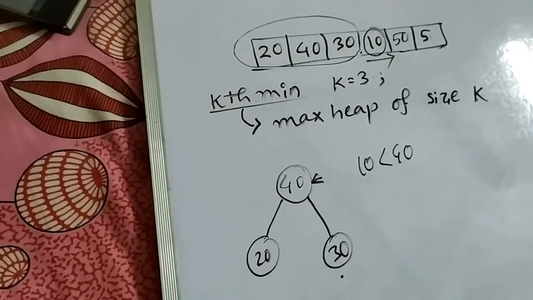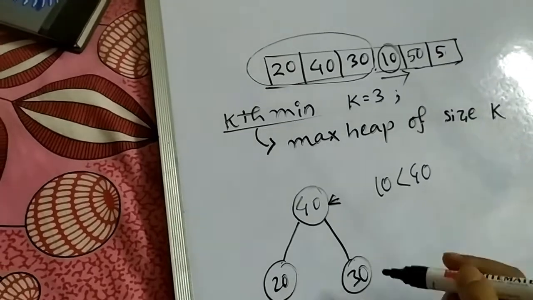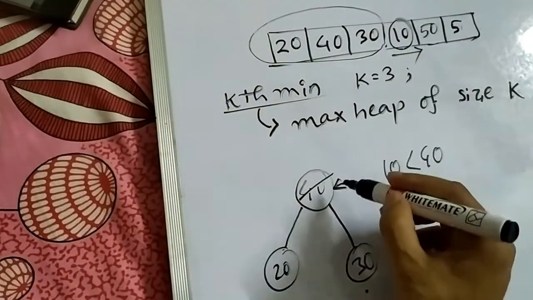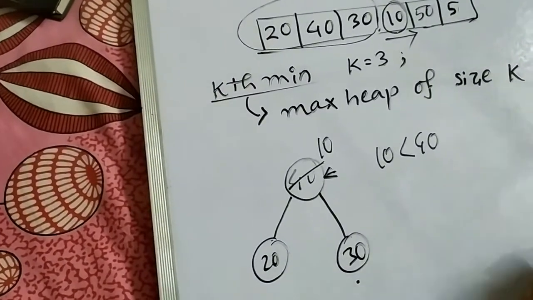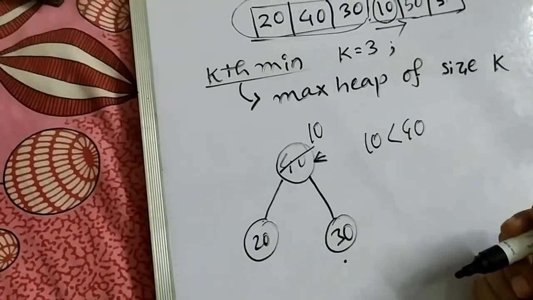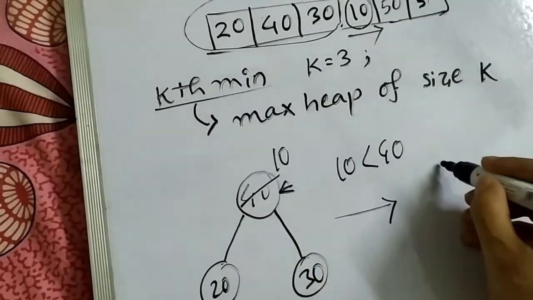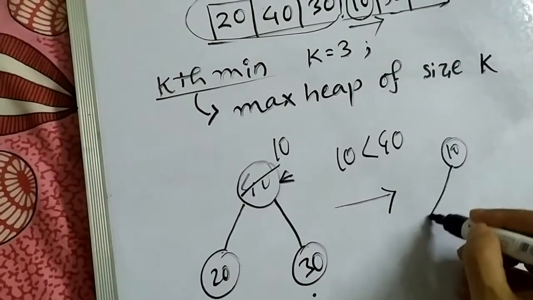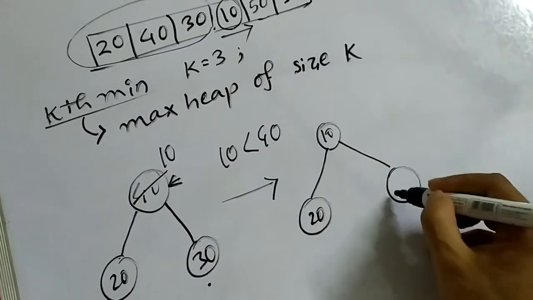I will replace the value of 40 by 10 and check whether I still get a max heap. I get this heap right now: 10, 20 and 30.